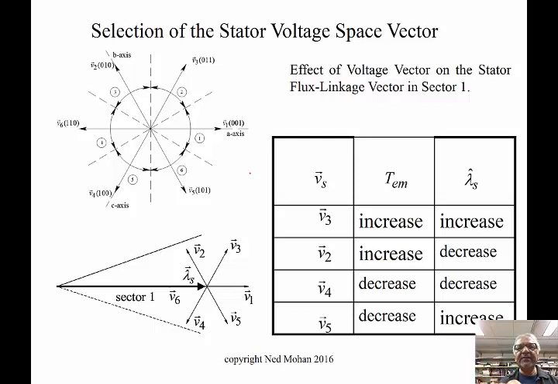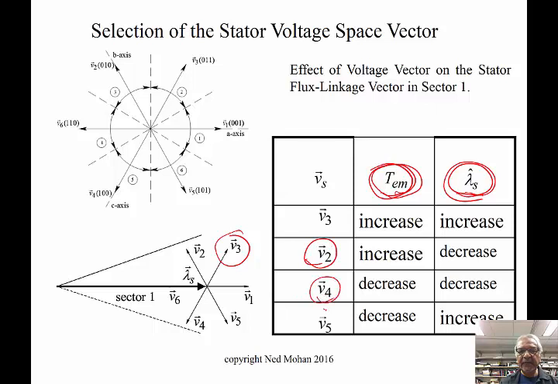So you can see selection of Stator voltage space vector, and if you want to increase the electromagnetic torque and you also want to increase lambda sub s amplitude, it makes logical sense to apply V3 as I explained earlier. And if you want to increase this torque but want to decrease this, then it makes sense to apply V2. Similarly, you can talk about the effect of V4 and V5.